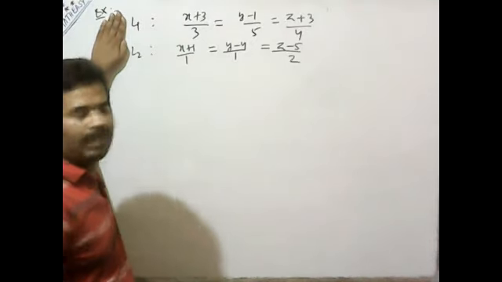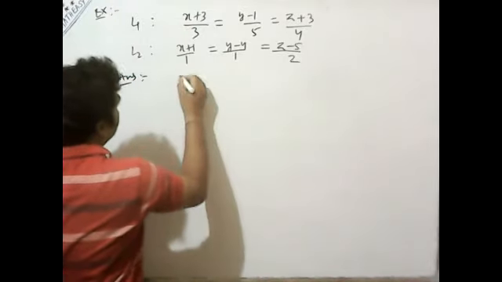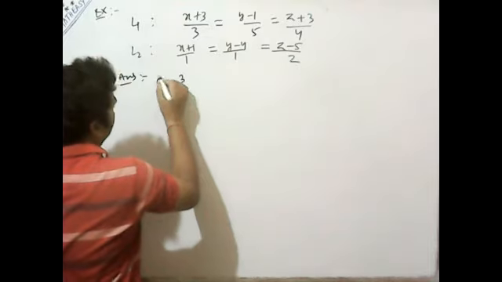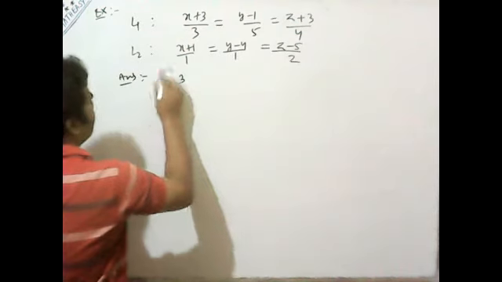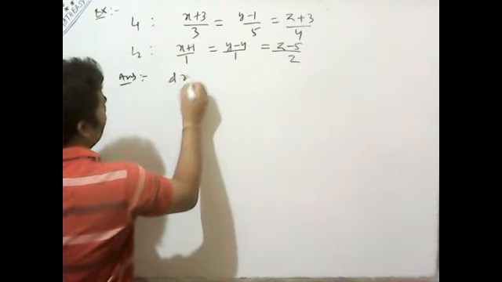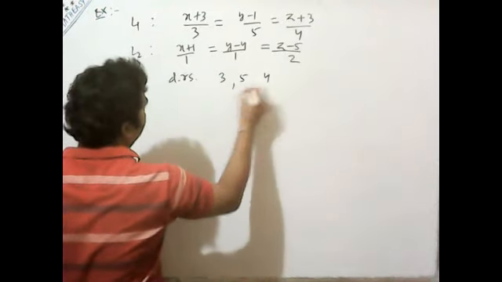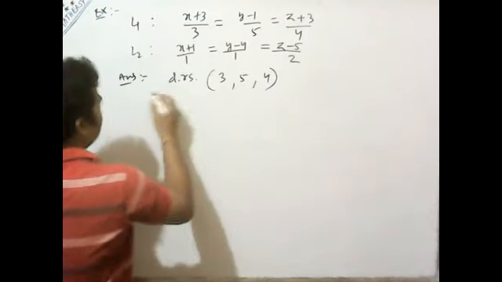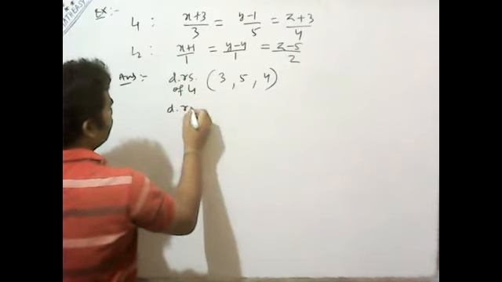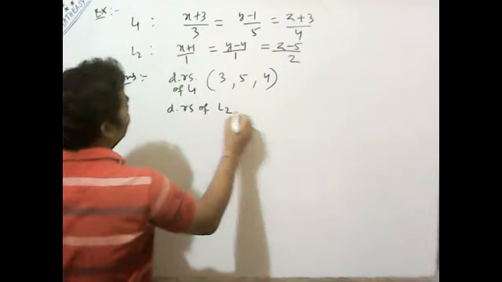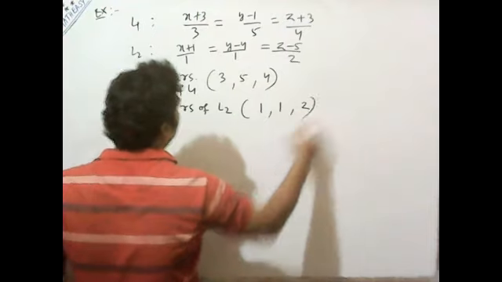So here 3, 5, 4 are the direction ratios, DRs, that is 3, 5, 4. Similarly, this is the direction ratios of L1. Direction ratios of L2 are 1, 1, 2.